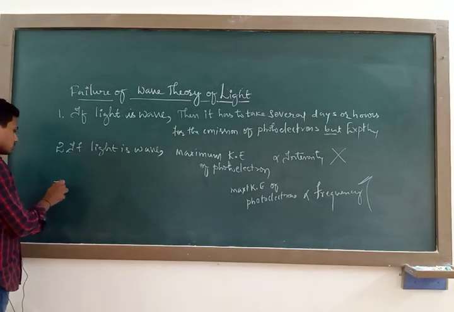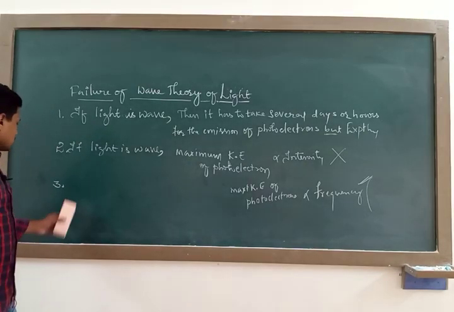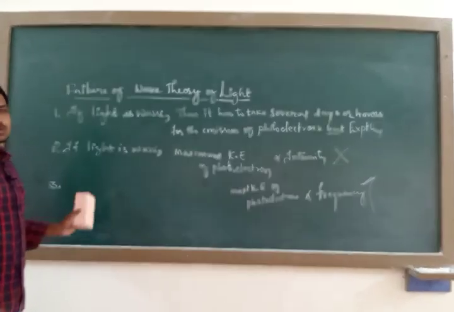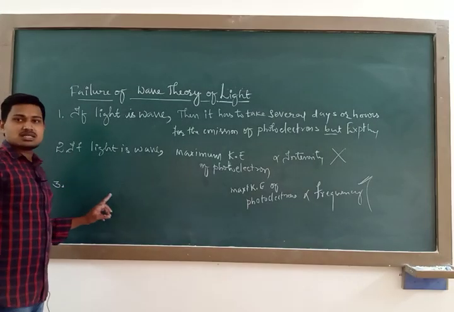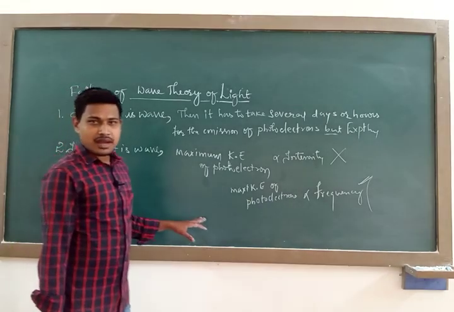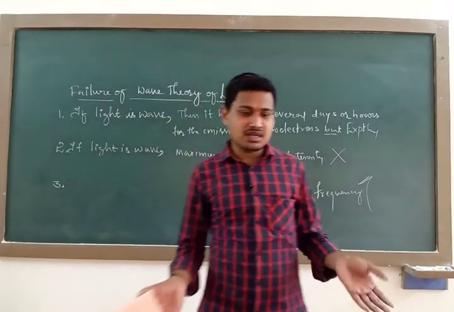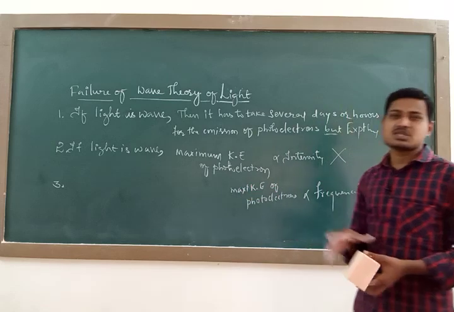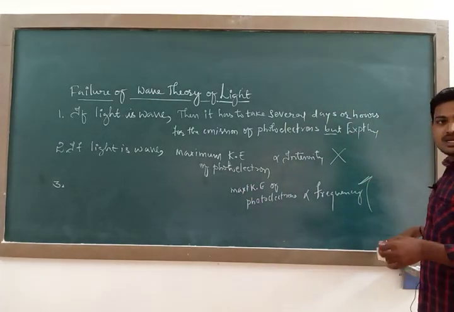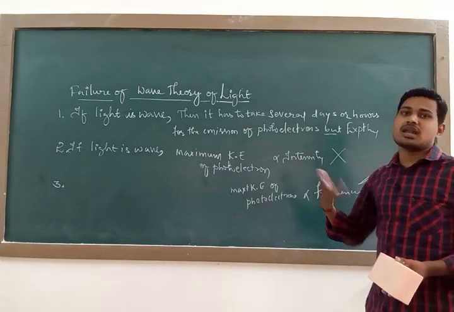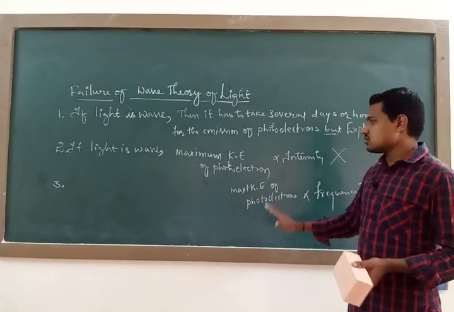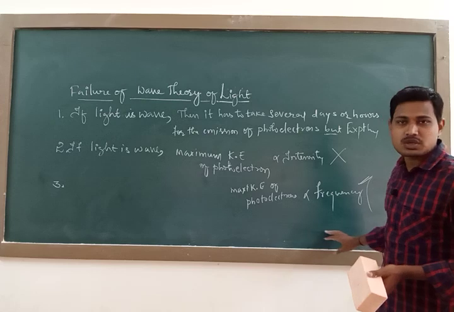The third conclusion here is: if light is a wave, then whatever the intensity, the intensity of the light itself is sufficient for the ejection of electrons. So there should not exist any threshold frequency for the material.